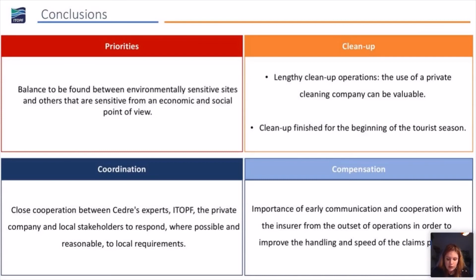And in that regard, any preparation work, particularly during updating the National Contingency Plan, really helped to make those decisions. It could be quite valuable to use a private cleanup company, particularly for long-term cleanup operation, but also to maintain a continuous dialogue with the authorities in order to facilitate agreement on cleanup strategy and signing off some sites, so the site closures.